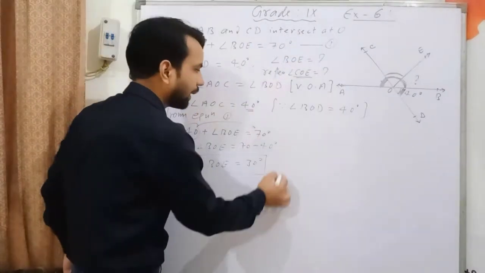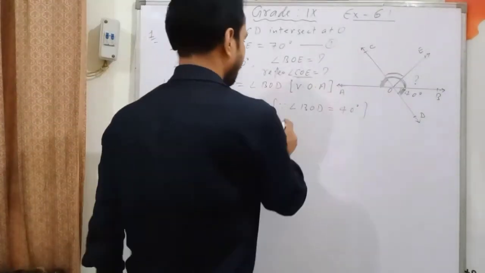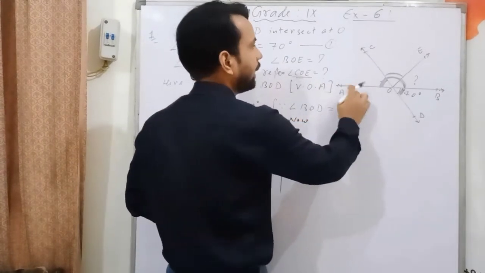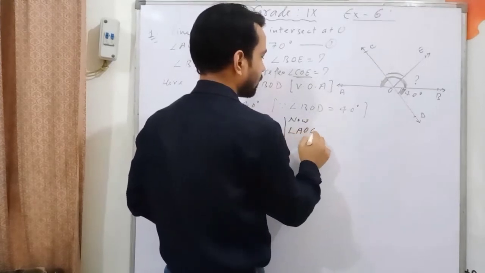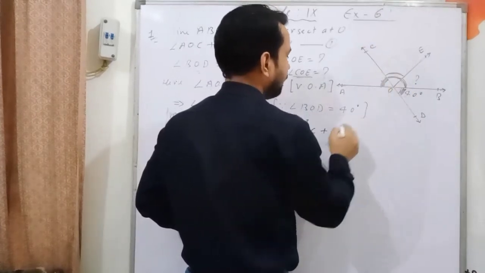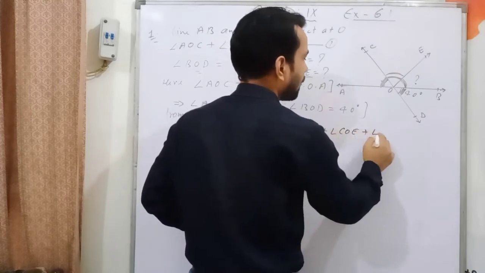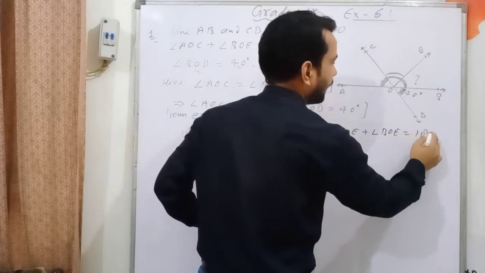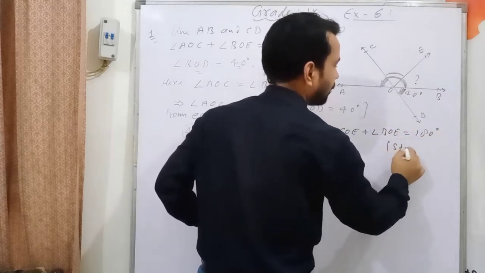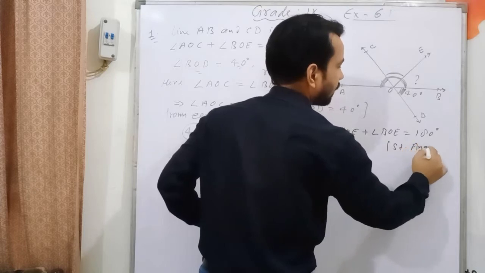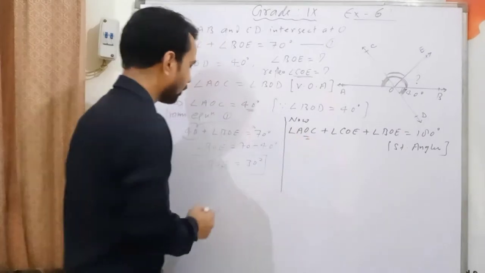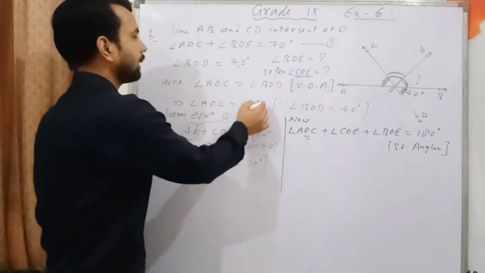So now we will write angle AOC plus angle COE plus angle BOE equals 180 degrees. Reason: straight angle. Clear? Now beta, AOC we have already found, that is 40 degrees.